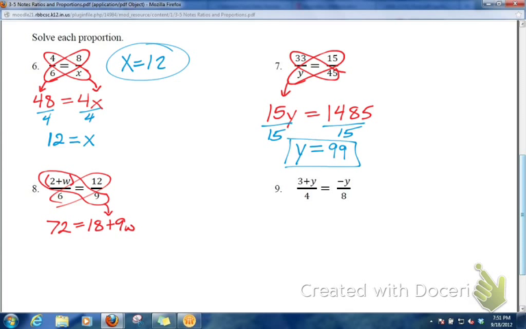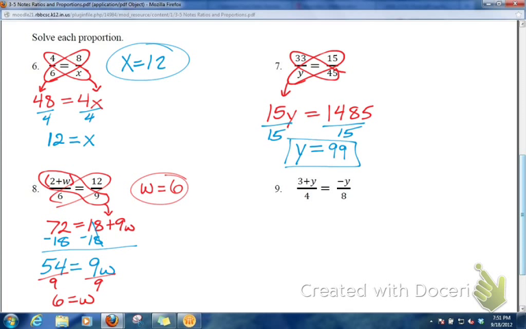That's 72. Now you'll notice that we have a 2-step equation to solve here. Trying to solve for w, I will subtract 18 on both sides. 72 minus 18 is 54, and the 9w simply comes down. And then I divide both sides by 9, leaving me with 6 equals w, or again, w needs to equal 6.